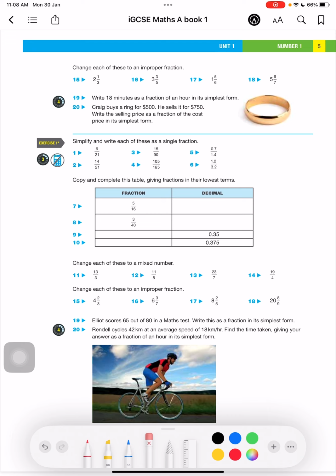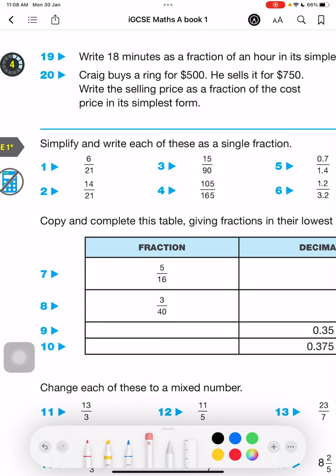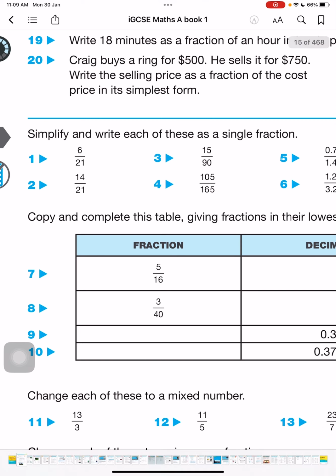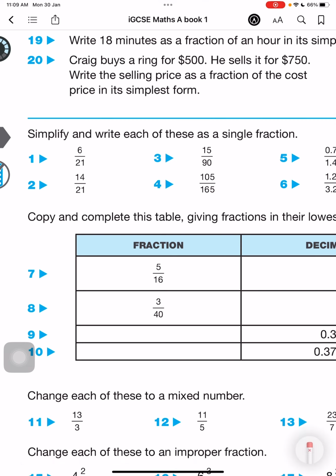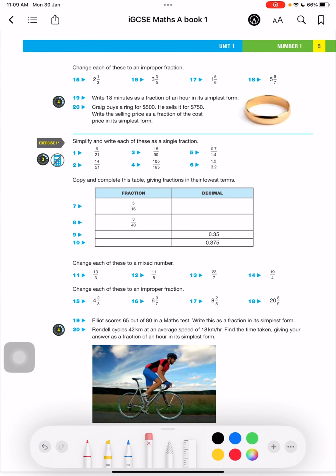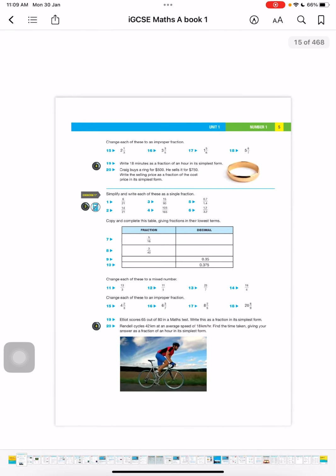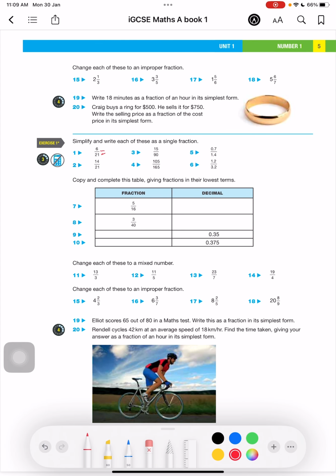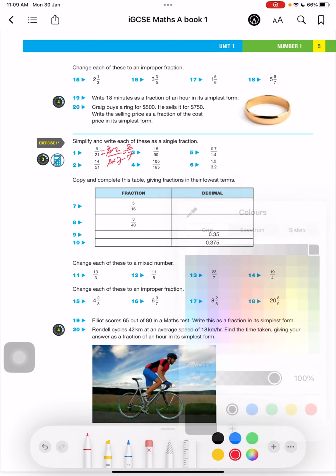So question 1, 6 over 21. Basically, this will be equivalent to 3 times 2 over 3 times 7, which gives you 2 over 7. Okay, and if you remember, we move on to question 6.